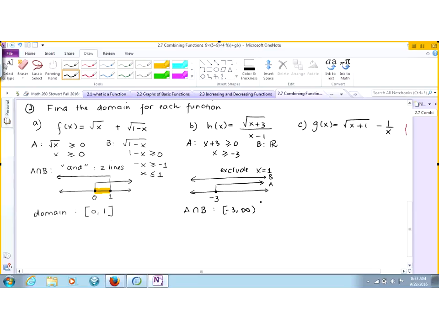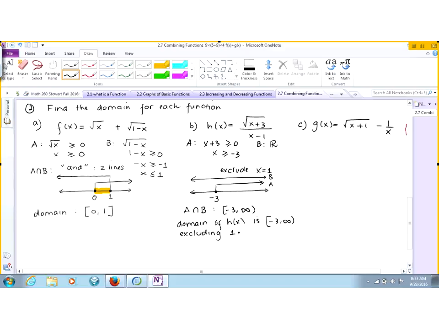Right. But then I have to exclude, so the domain of h of x is negative 3 to infinity, but I have to what? Excluding 1. Alright, so that's what it is.